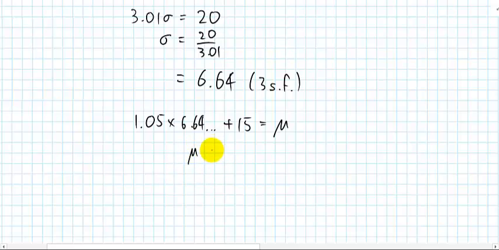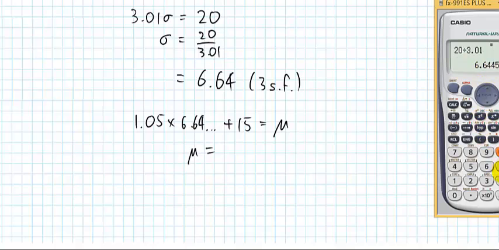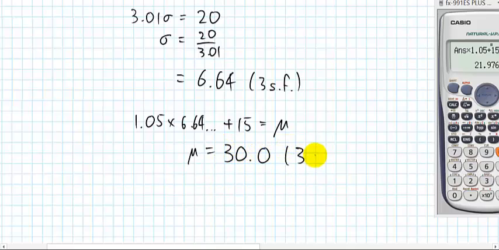Now mu then, you can just type this on the calculator, times 1.05 plus 15. This is equal to 30.0 to 3 significant figures.